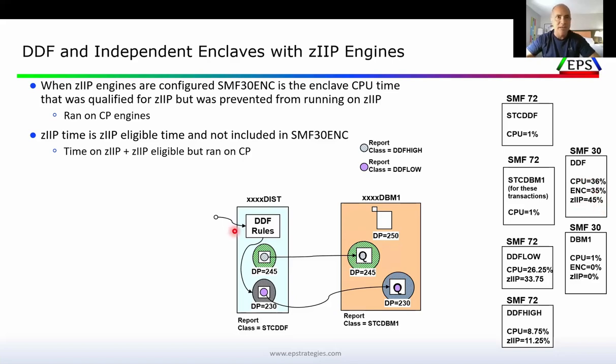When you look at SDSF, dist always looks like it's a big consuming address space. It's not. The dist address space only accumulates a little bit of CPU. It's all the transactions that it's running, which could be at different dispatching priorities, different goals, different everything. That's why we see a lot of CPU time accumulated back to the dist address space when we look at something like SDSF. Otherwise, the dist address space doesn't use up too much CPU at all.